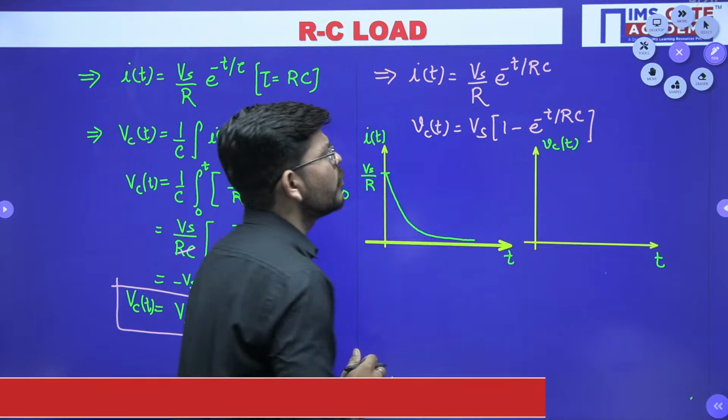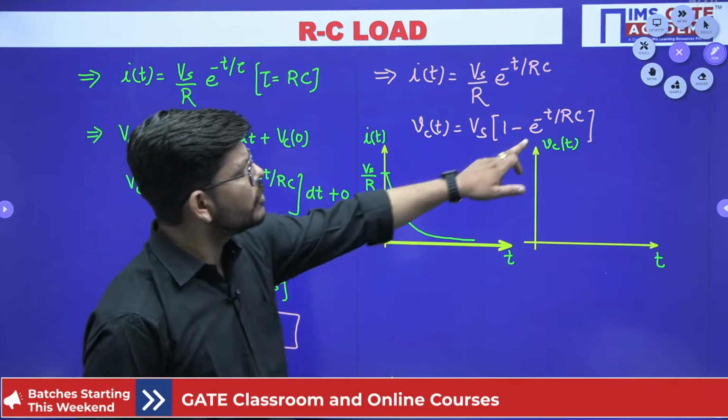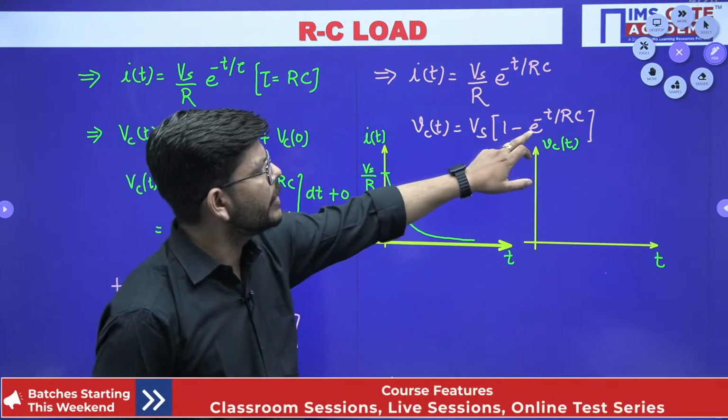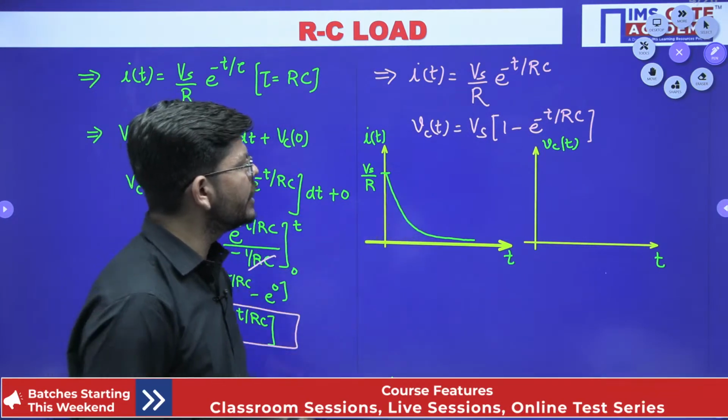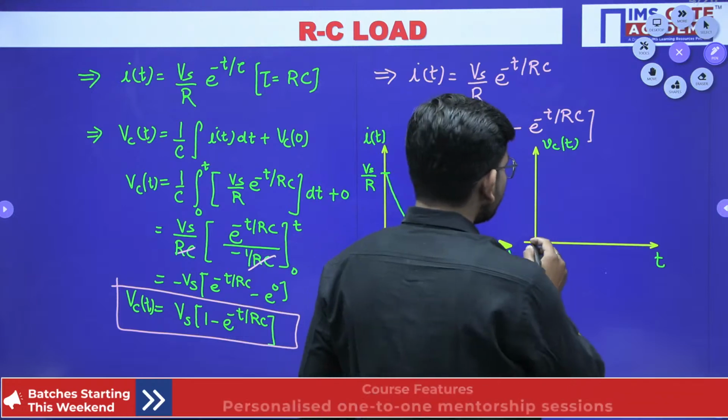Now if I plot the voltage, if I put t equals to 0 here, this will be e to the power 0, which is 1. So 1 minus 1 gives me 0. So initially the capacitor voltage is 0.